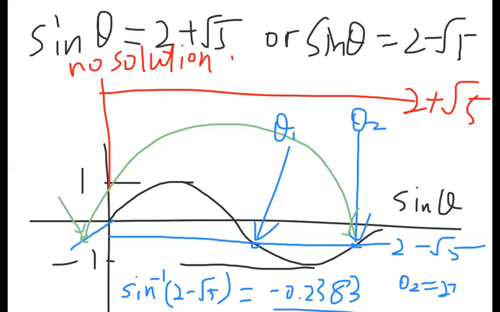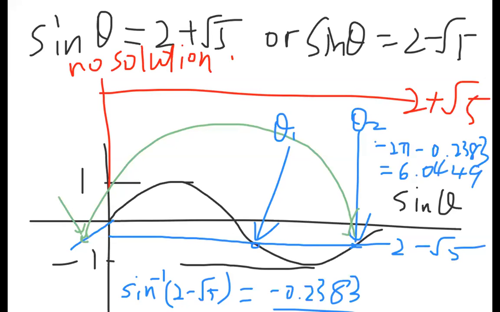So 2 pi minus the arcsine value, which is 6.0449. Okay.